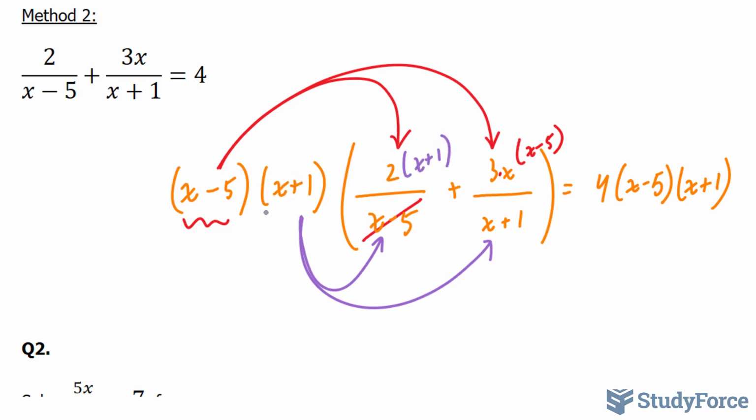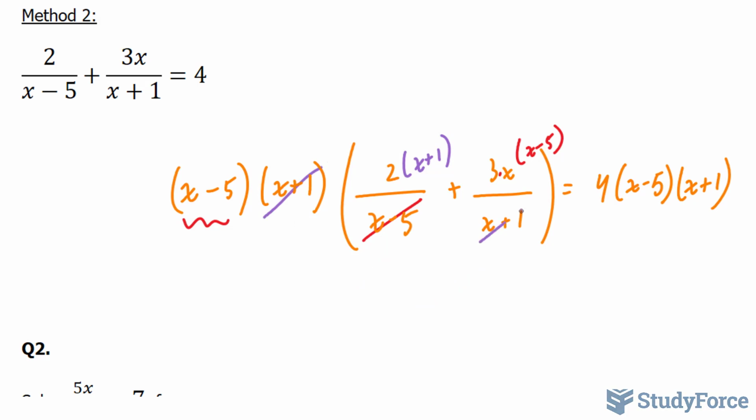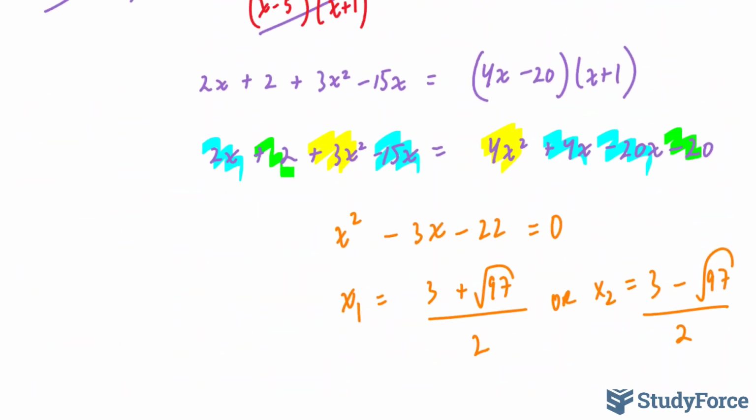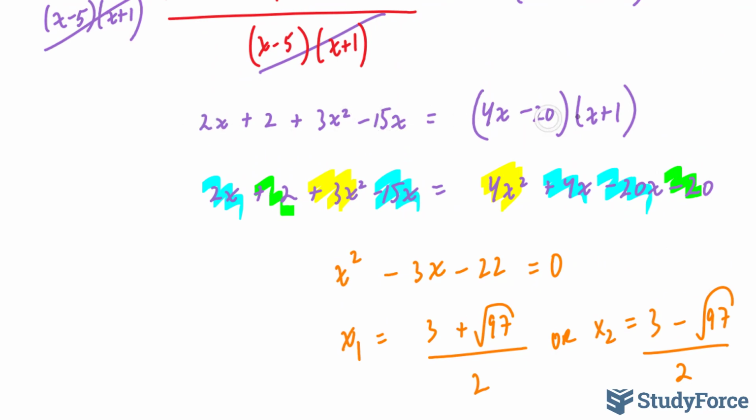And this x plus 1, I know it's hard to see now given all these lines, will cancel out with this. So you're left with 2 bracket x plus 1 plus 3x bracket x minus 5, and the right side remains the way it is. Now recall, this looks identical to the step that was written here.